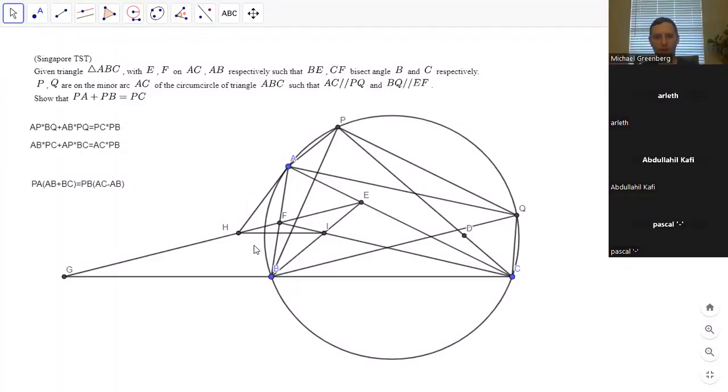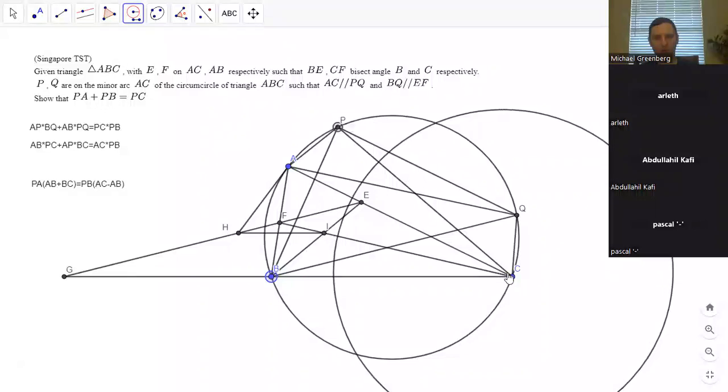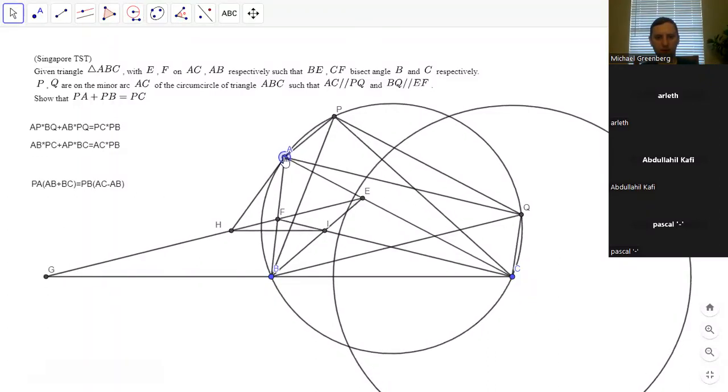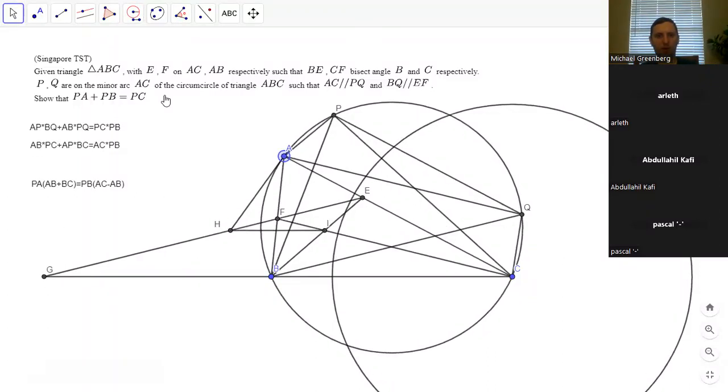I think it might be easier. For example, what if we did this instead? Do we want to show, I want to try to get a triangle that's congruent to PAB. So if I do this, there's no way CE is equal to PB.